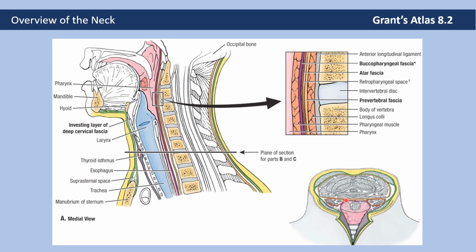Also, going around the viscera in the anterior portion of the neck is this purple layer of fascia, and this is called the pretracheal fascia.